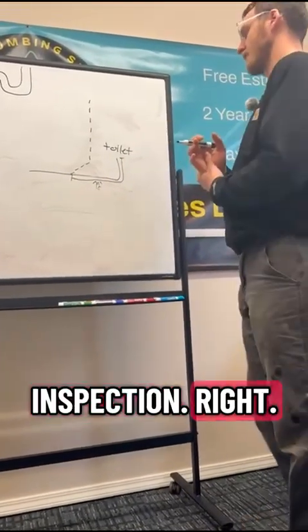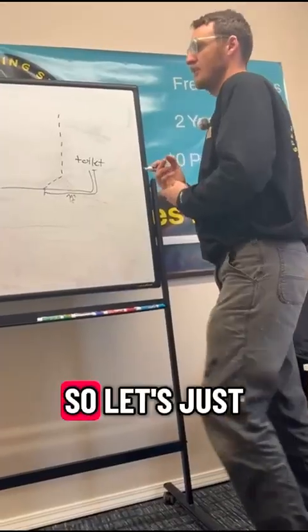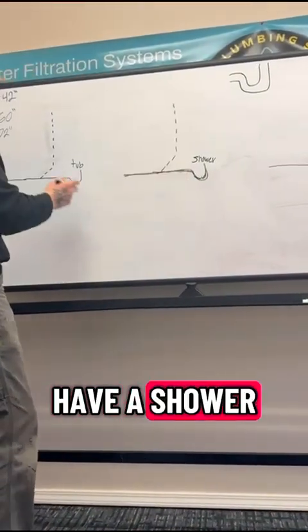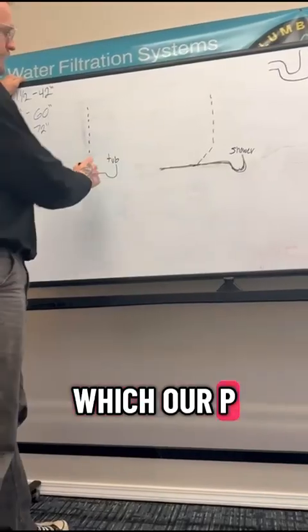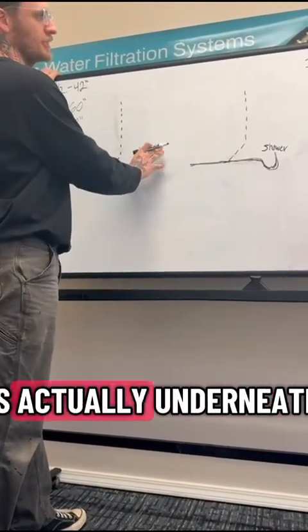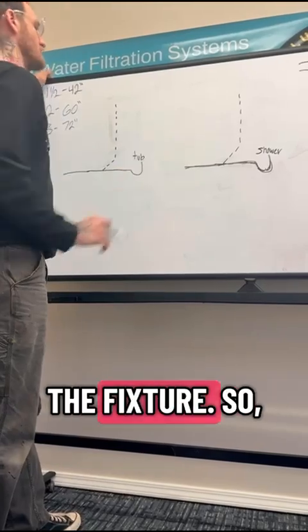So let's just go over to our shower and show you here, because now we have a shower and we have a tub here, where our P-trap is going to be in the floor or in the overhead. The P-trap is actually underneath the fixture. It's not in the fixture.